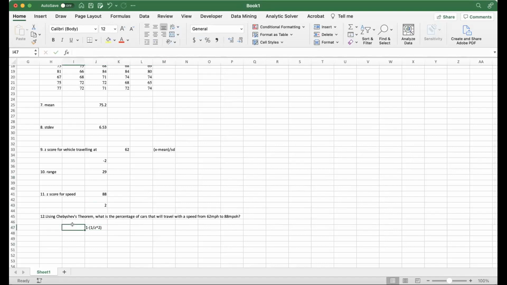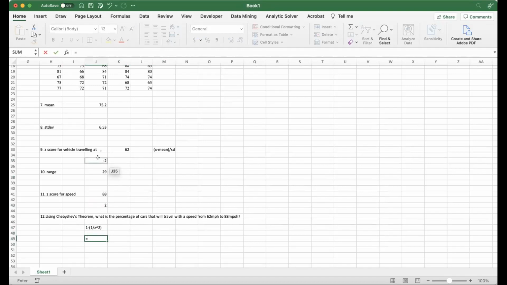Okay. And we can choose either, like I said, 62 or 88 to plug into this formula. I'll do both of them just to show you that you do get the same answer. All right, so we already calculated those two values here, -2 and 2, right? So let's do 62 first.